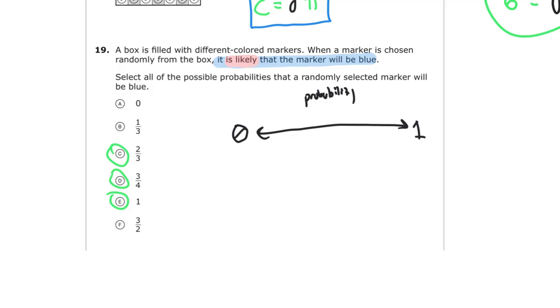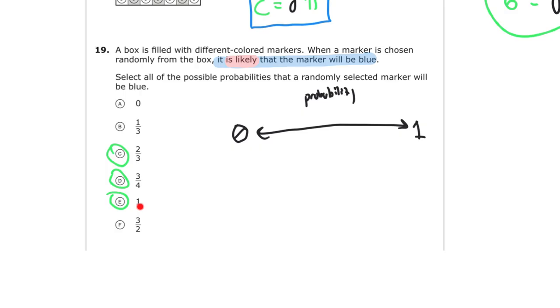If the probability of picking a blue marker is 1, it's like not only likely, but it's certain that you will pick a blue marker. Okay. So I think that should work. Because they said it's likely that the marker will be blue. Well, the ultimate form of something being likely is if it's certain that it will happen. So that's a little tricky, but I'm going to vote that answer choice C would also work.